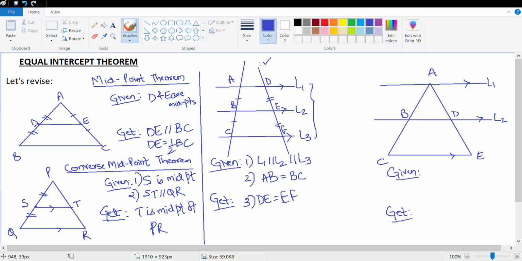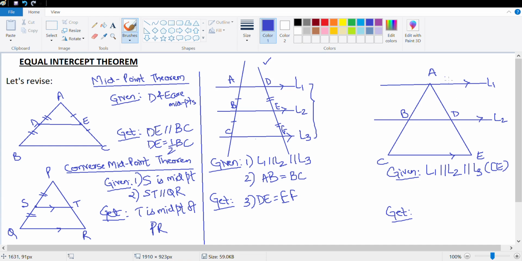Now in case you notice that these two transversals will intersect each other at some place, which is a second type. Now let's say this is L1, L2 and L3, and L3 we are calling CE. So what is given is L1 parallel to L2 parallel to L3.